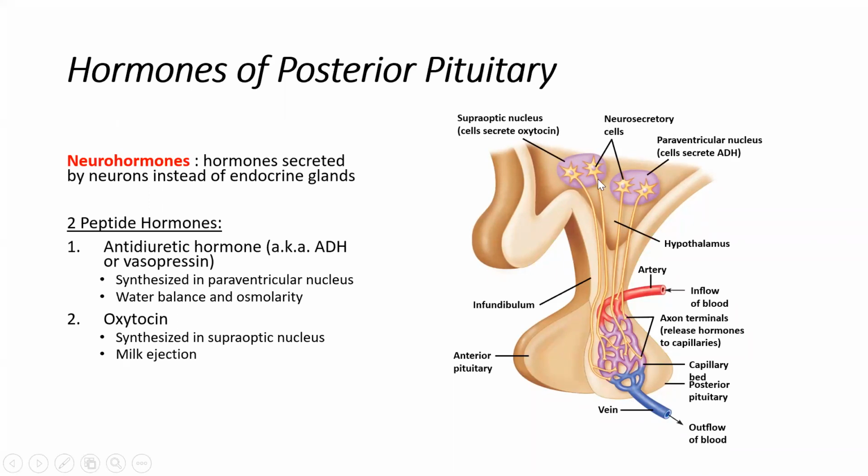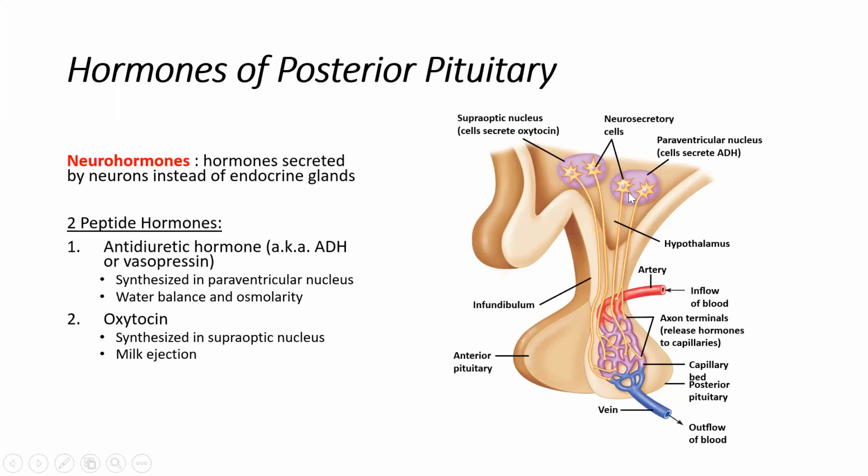And so the somas, or the cell bodies of these neurosecretory hormones, reside up here in the hypothalamus, but then they extend their axons via the infundibulum all the way down to the capillary networks that are in the posterior pituitary. And so we can think about the 2 hormones that we're going to talk about now as being released from the posterior pituitary, but they're actually synthesized and created and made up here from these nuclei in the hypothalamus.